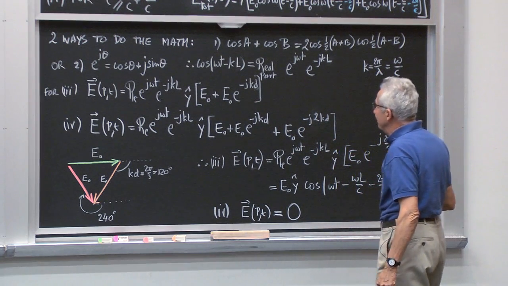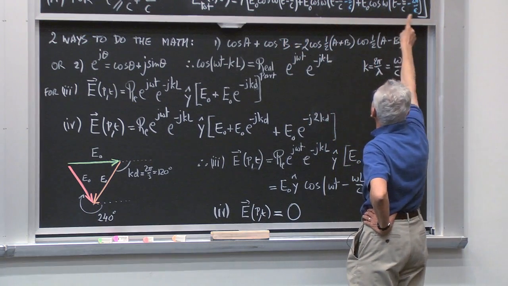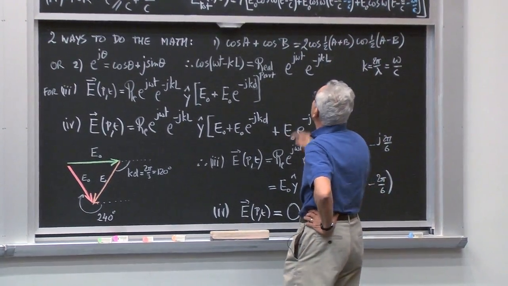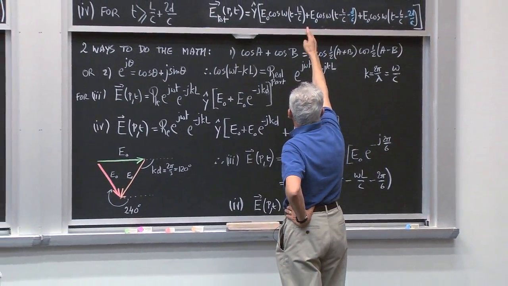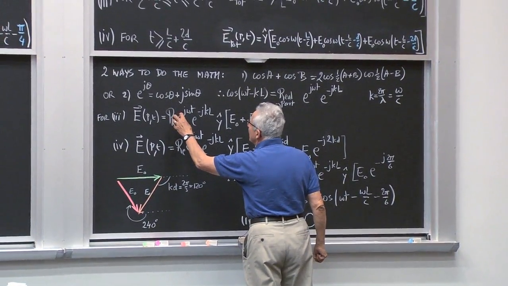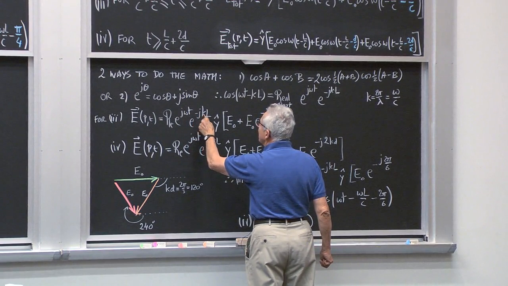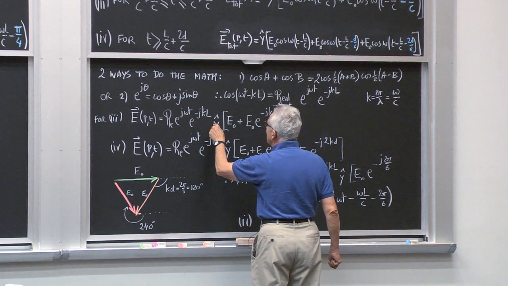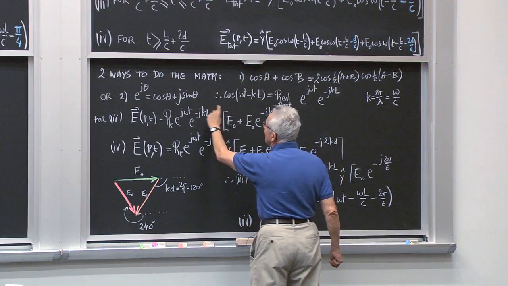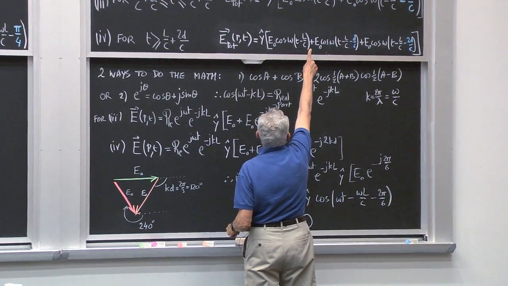So, for example, for this third part, this addition here, I can write the first term as the real part of e to the j omega t e to the minus j kl in the y direction times E0. This is, of course, nothing other than E0 cosine of omega t minus kl.